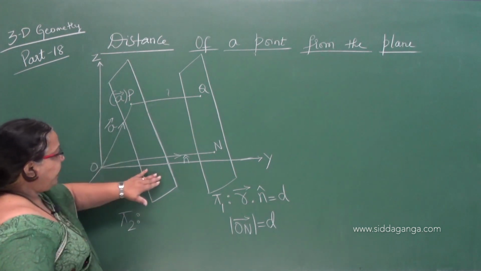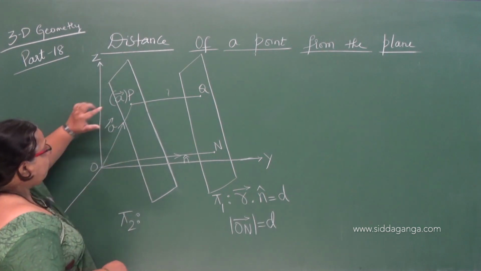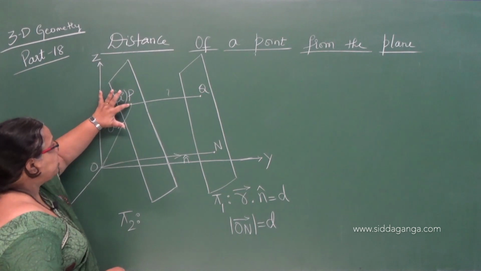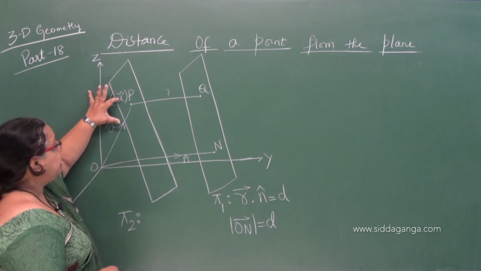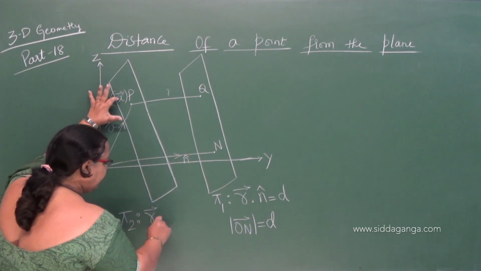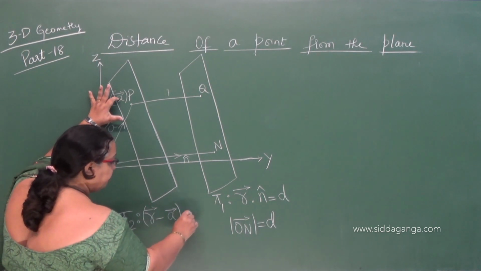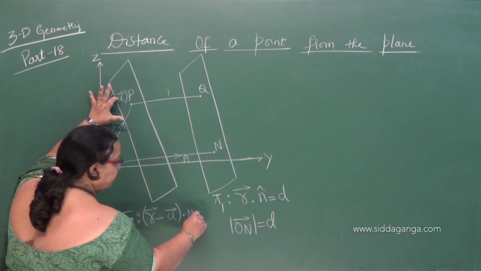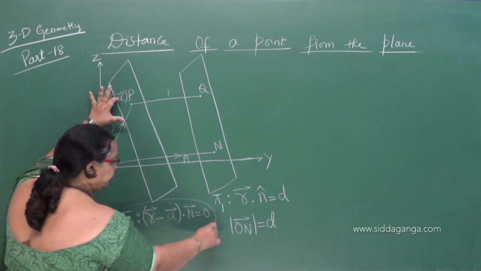Now this plane is taken according to theorem 2: the equation of the plane passing through a point P whose position vector is A is given by vector r minus vector A dot vector n equal to 0. This is the second plane.